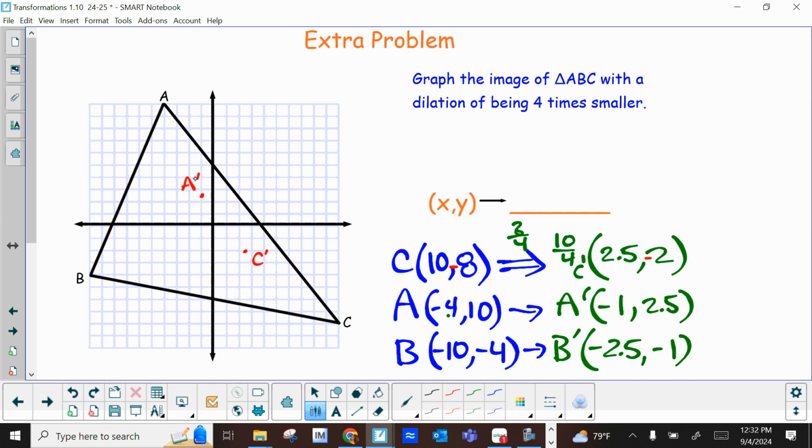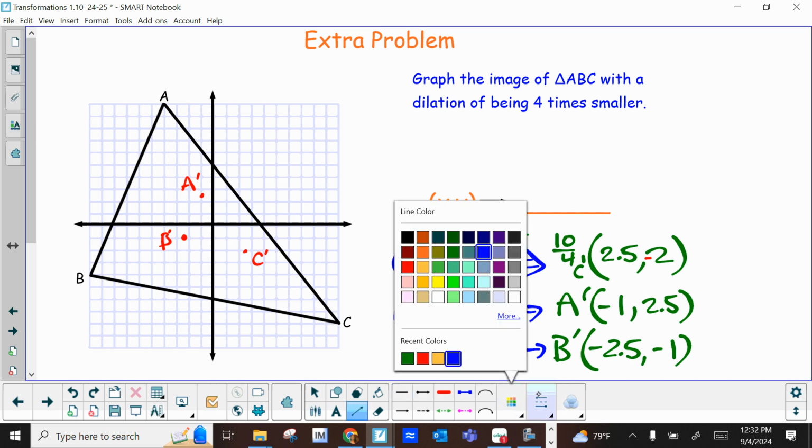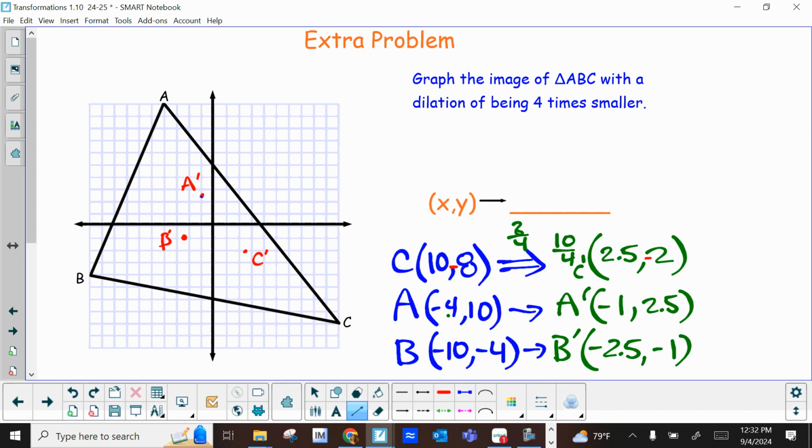And the last one, -2.5, down 1. That's B prime. That one should be right down the middle. Now just connect them. So that blue triangle got 4 times smaller.